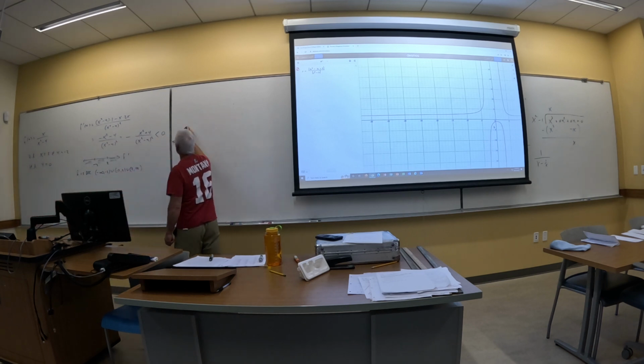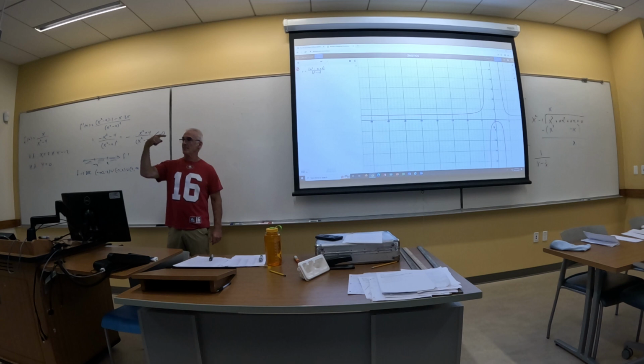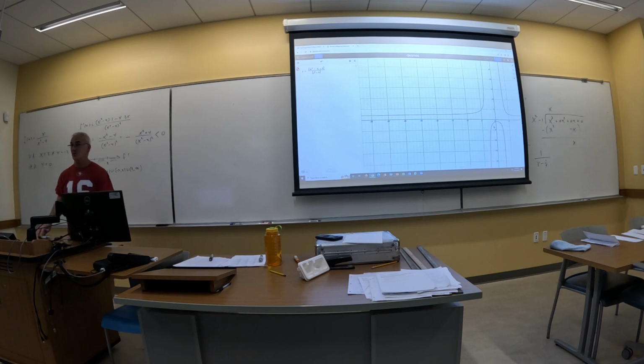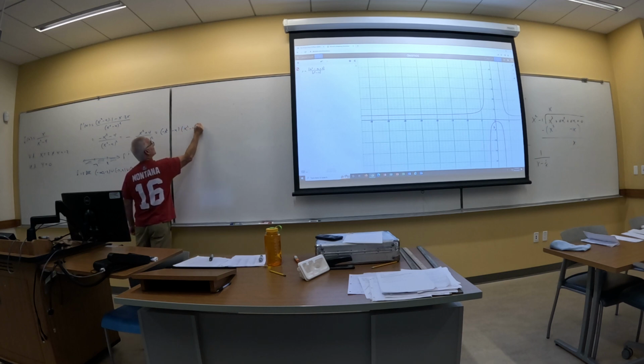Now, because my denominator is being raised to a power, this is one of those I probably would be better off writing it as a product and doing product rule. If your denominator is being raised to a power, a product is always going to be easier than the quotient rule, and way less simplification. So let me erase that. Let me rewrite this as negative x squared minus 4 times x squared minus 4 to the negative 2.